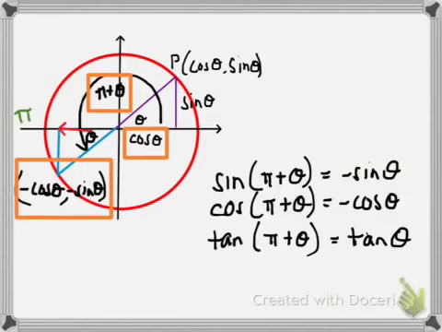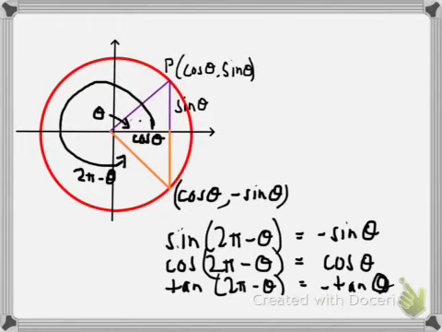Our sine theta, our length this way, see that arrow there, is also negative. It's the same magnitude as sine theta, but in a negative direction. So both cosine and sine are negative for the third quadrant. Hence that point there is negative cosine theta, negative sine theta.